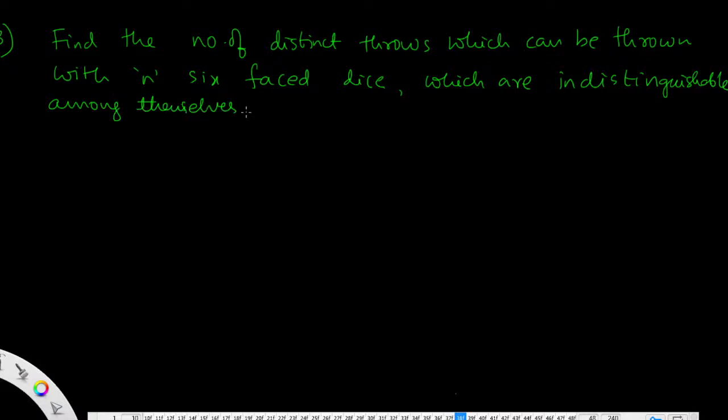These are all mains level questions. This is a mains 2019 question.